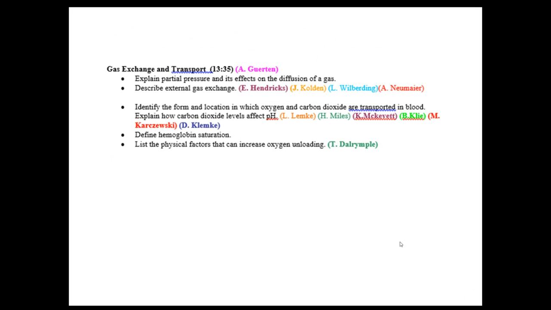What gas exchange and transport focuses on is how oxygen and carbon dioxide are transported in the blood. Where are carbon dioxide and oxygen transported in the blood? So let's talk about that now.